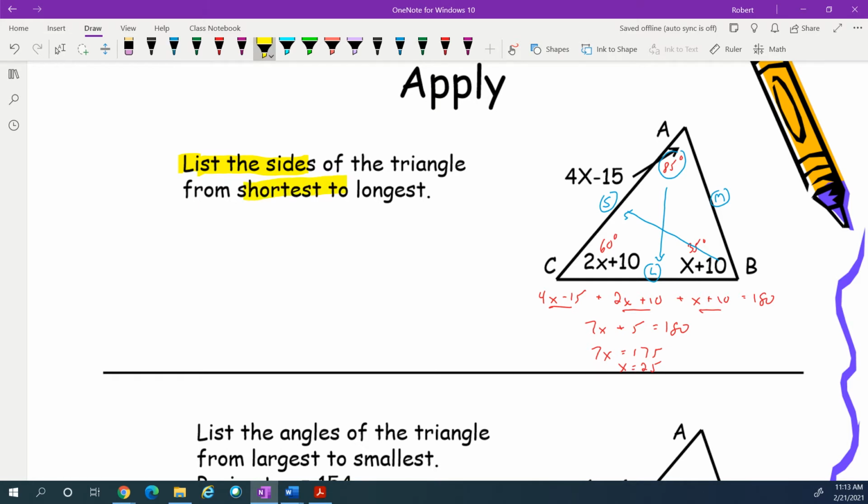We're asked to list it from shortest side to longest side. So my smallest or shortest side is AC. Next is AB. And finally, my longest side is CB. So I had to find those angle measurements first.